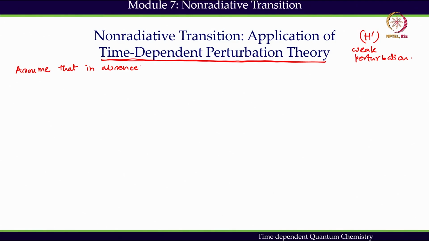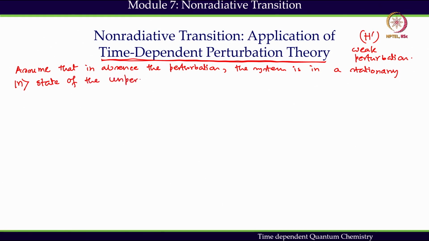So first you assume that in absence of the perturbation, that interaction process, the system is in a stationary, let's say n, state of the unperturbed Hamiltonian.